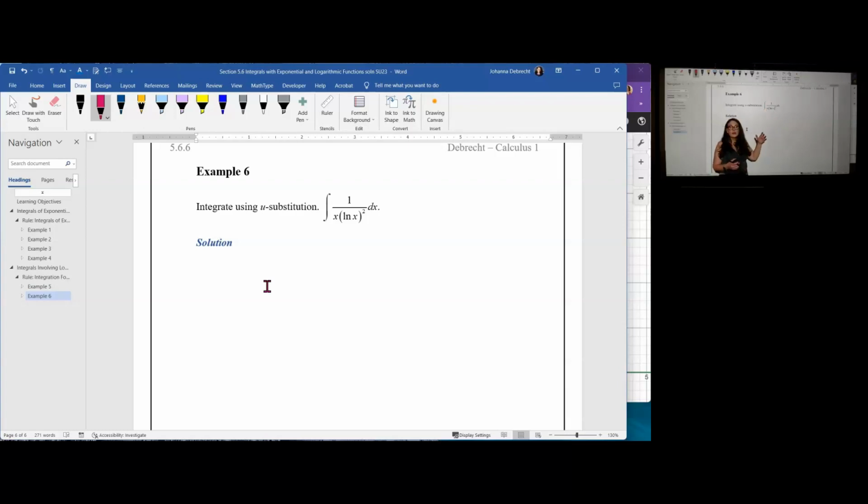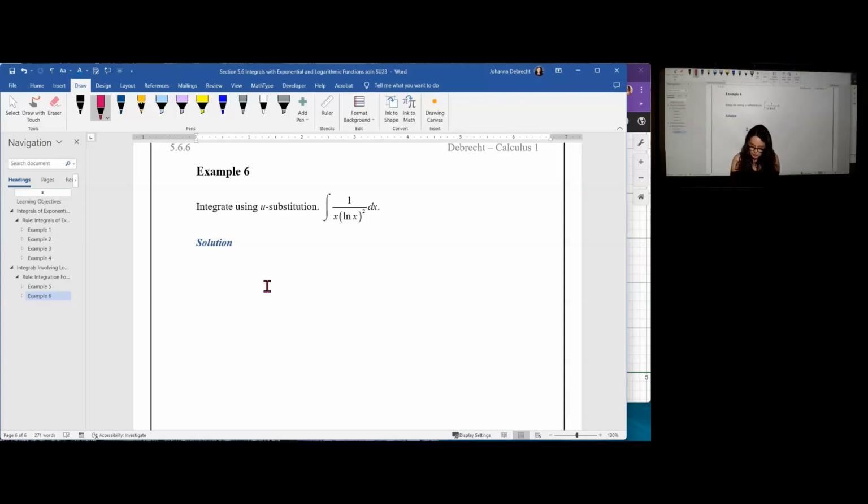We have natural log inside parentheses and squared, and it's also in the denominator. Natural log of x, when present in the integrand, is often a part of u. And in this case, I again think that probably natural log of x by itself is the u because it's being raised to the power of 2.